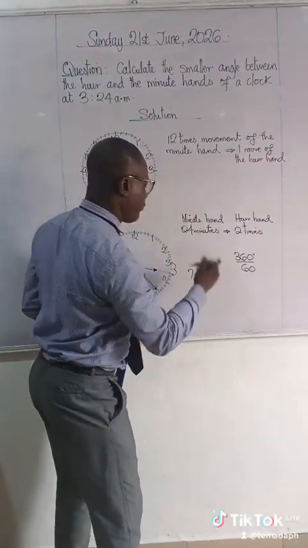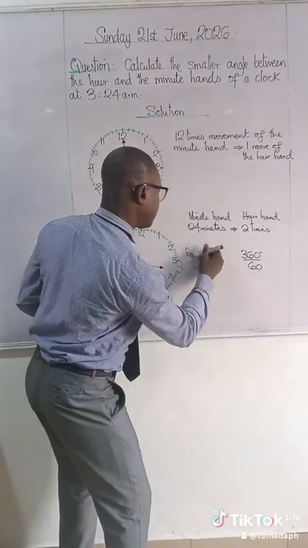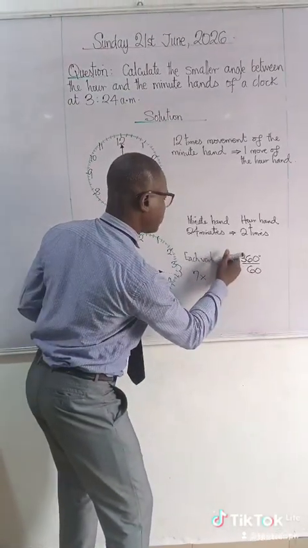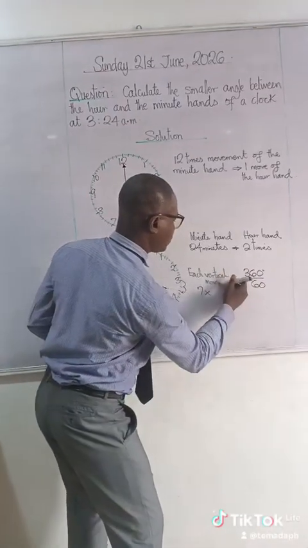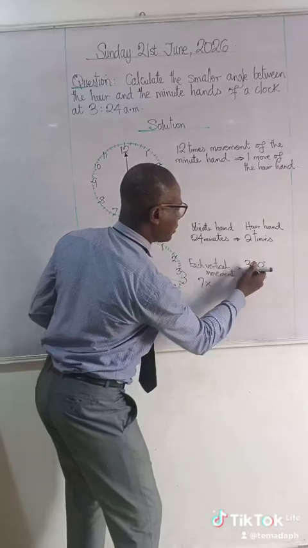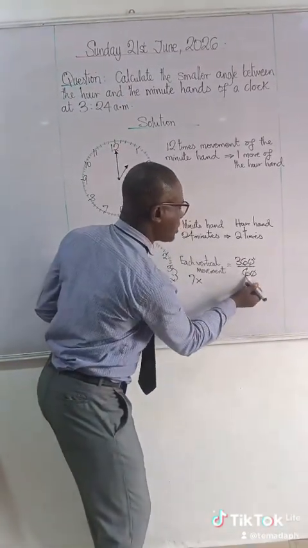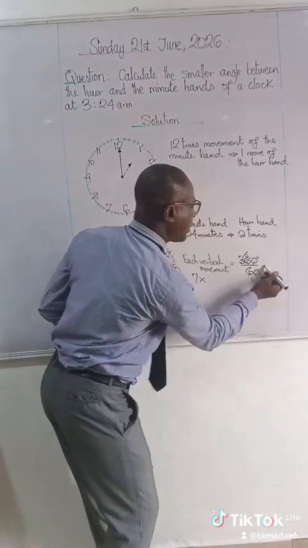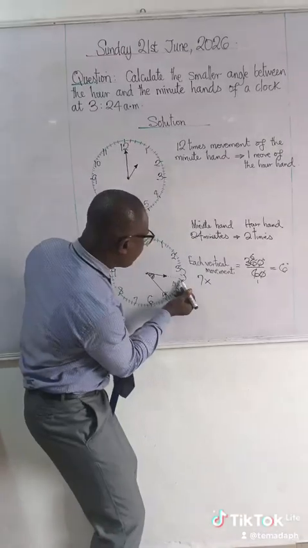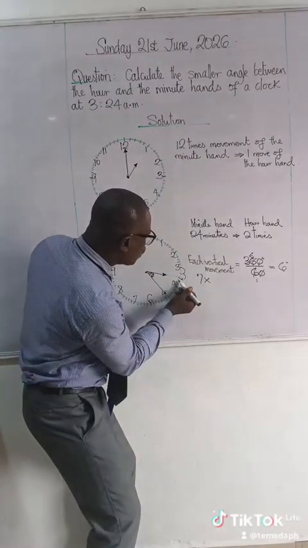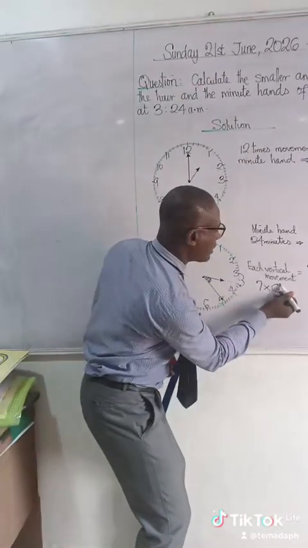For each vertical movement, what angle do we have there? This gives us 6 degrees. So the angle between two vertical minute readings is 6 degrees.